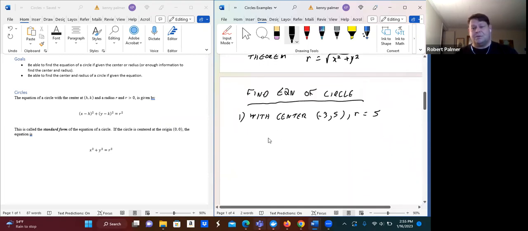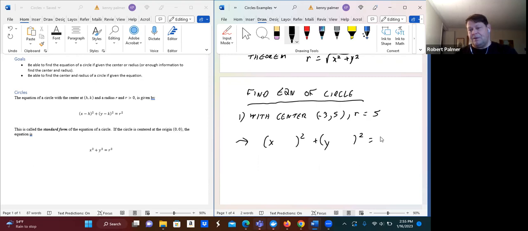Okay, so basically, just kind of match everything up. Now, one thing we're going to see is that when we create our equation, we're going to have x plus or minus something squared, then y plus or minus something squared is equal to the radius squared. That's the easiest thing. So this is going to be 5 squared. Now, this minus here is part of it. If you notice, our x-coordinate of our center is also negative.